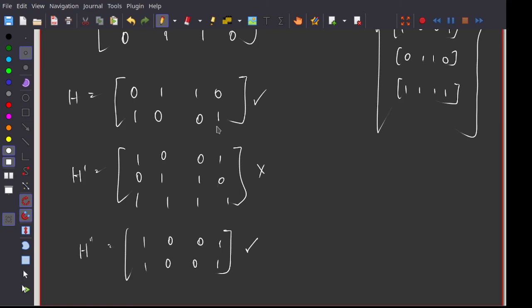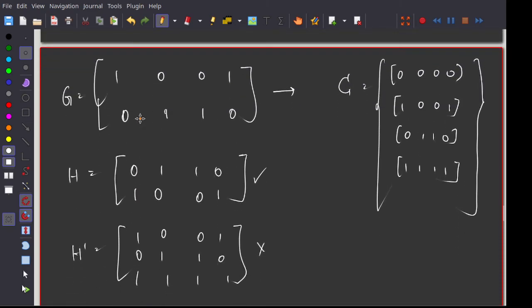Why? Okay. How many columns are there? So two, right? Okay. So that is fine. So now can you list the entire right null space of this matrix H? So there are four sequences in the right null space, right? So is the right null space equal to C?